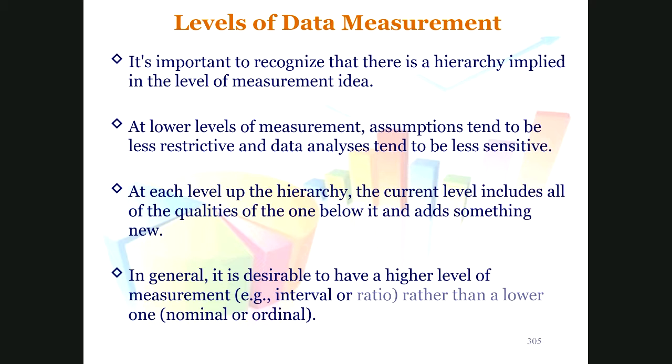Anyways, so that's understandable. So at each level up the hierarchy, the current level includes all of the qualities of the one below it and adds something new. So you can see that it builds up. And in general, it's desirable to have a higher level of measurement, example, interval or ratio, rather than a lower one, nominal or ordinal, because then you can do more analysis or evaluation of that particular data.